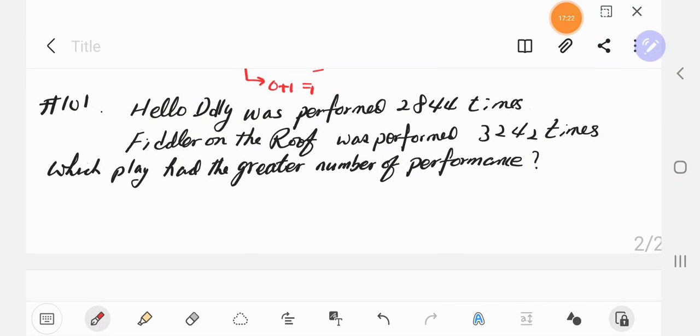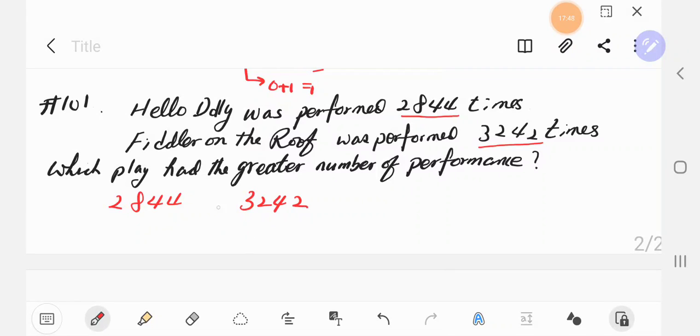Okay, number 101. The play Hello Dolly was performed 2,844 times. And the play Fiddler on the Roof was performed 3,242 times. Then which play had the greater number of performances? So let's compare these two numbers, 2,844 and 3,242.